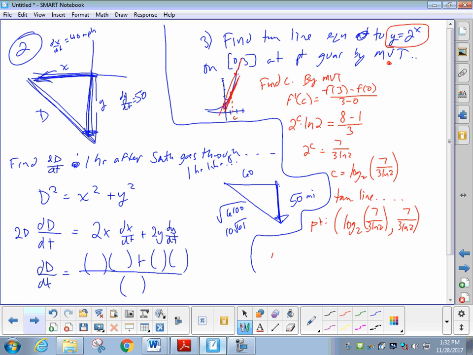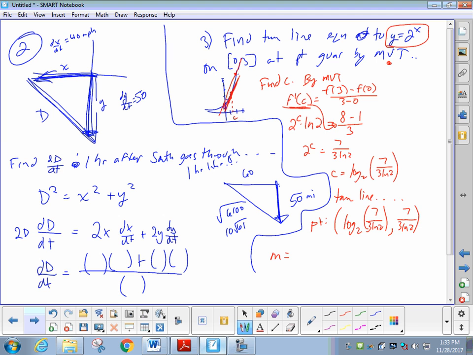Cool. The slope is even easier. What's the slope? This big thing. Isn't the slope the derivative? And the slope is, is it? Yeah, it's 7/3. I made a mistake in the last class. The slope at that point is 7/3.